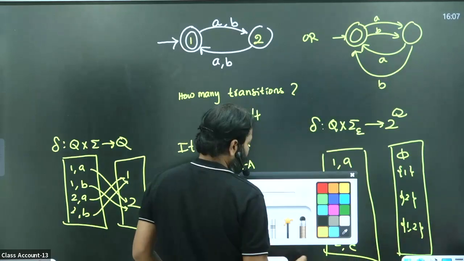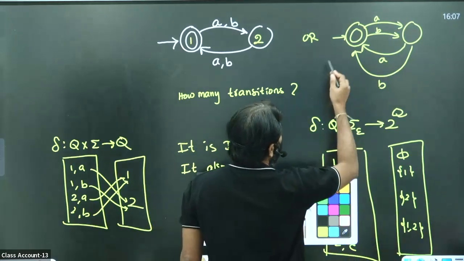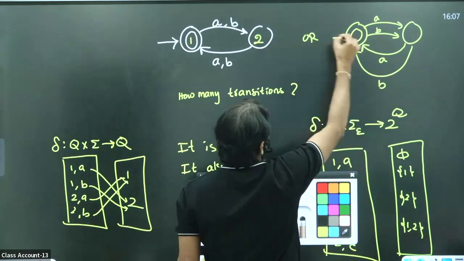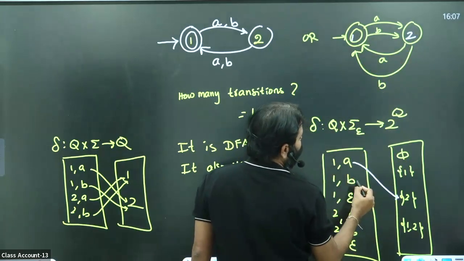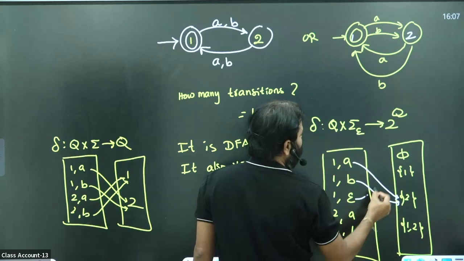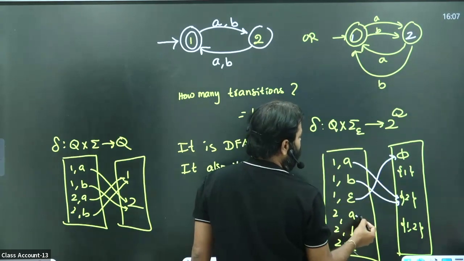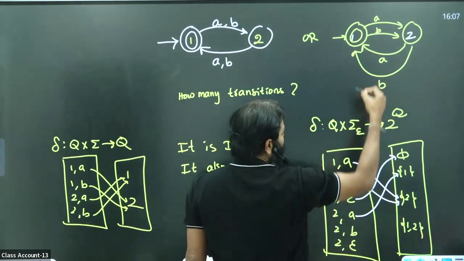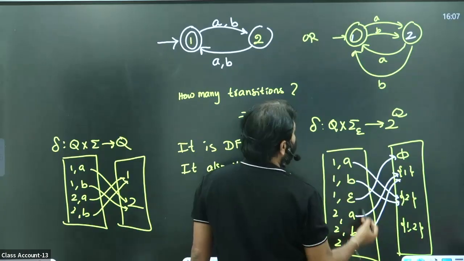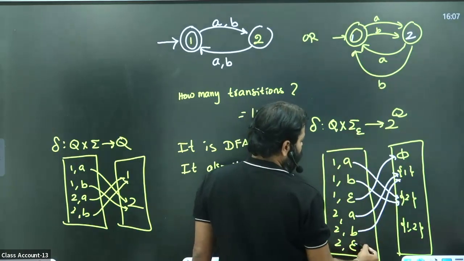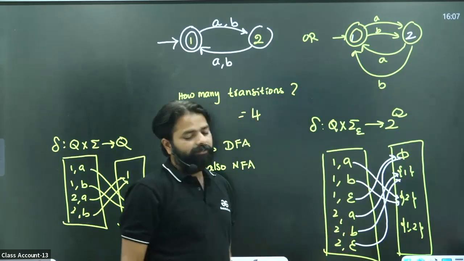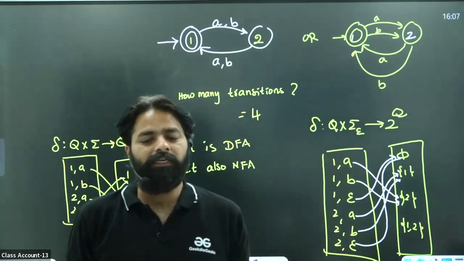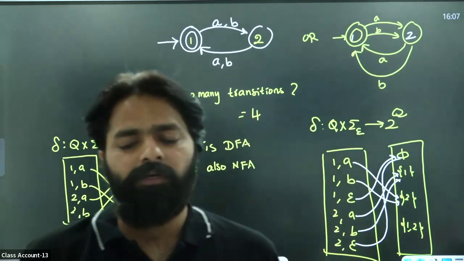So what transitions do you have? 1 comma A goes to 2, 1 comma B also. 1 comma epsilon, no transition. 2 comma A, 2 comma B, and 2 comma epsilon, you don't have a transition at all, so you will have the empty set. It satisfies NFA as well as DFA. That is the reason every DFA is an NFA.